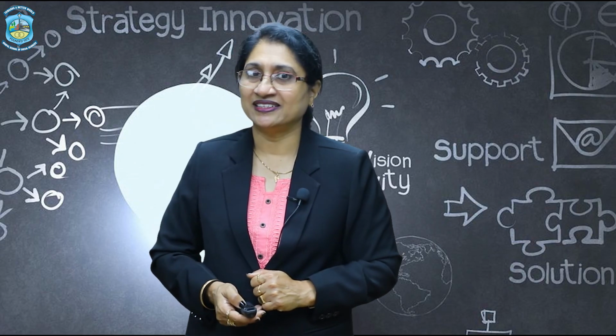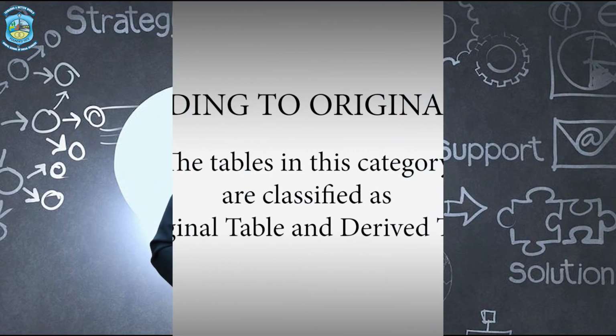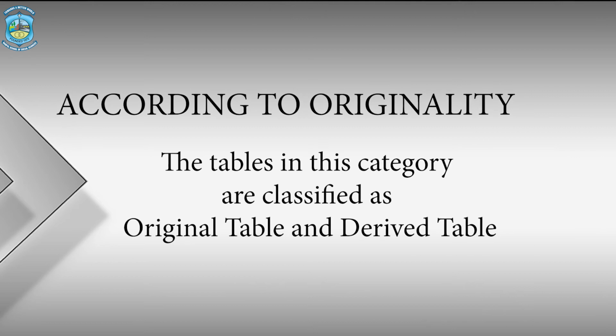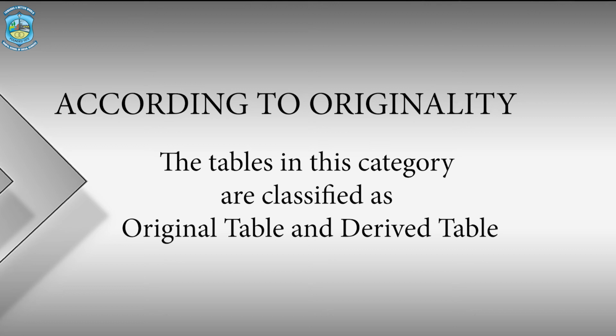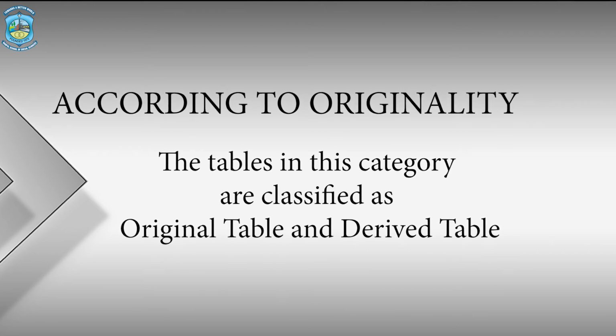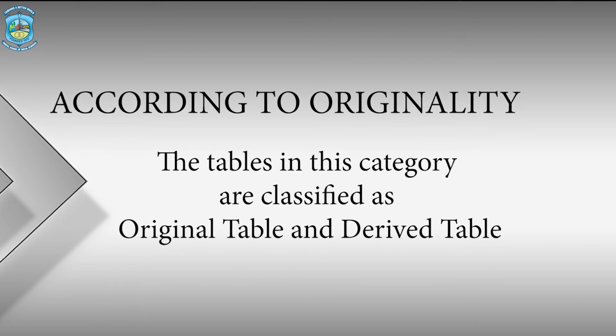According to originality, an original table is one in which the data is presented in the same form and manner in which they are collected. And a derived table is one in which the data is not presented in the form in which they are collected.